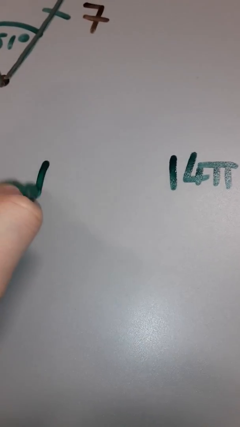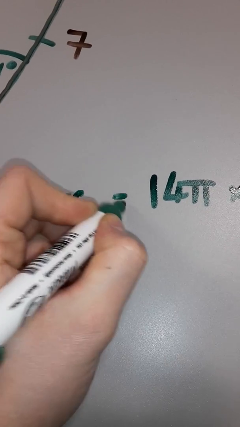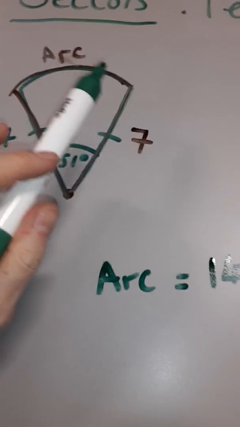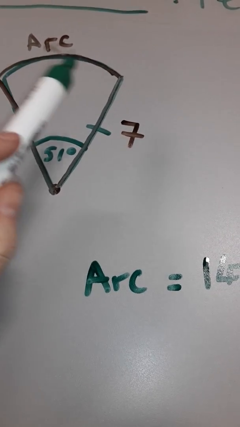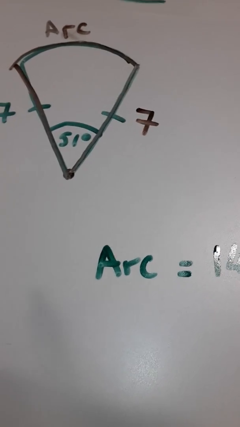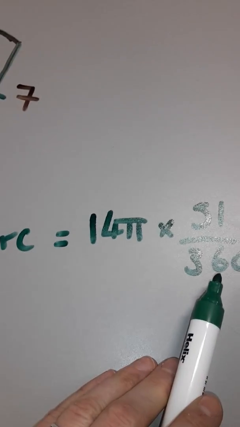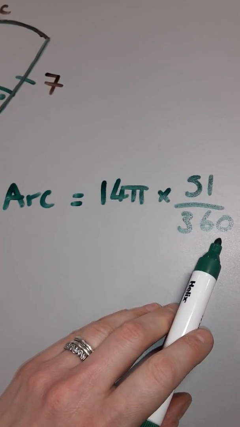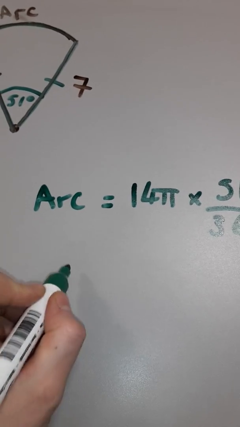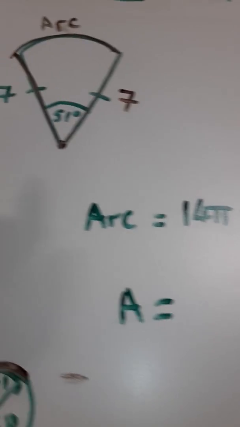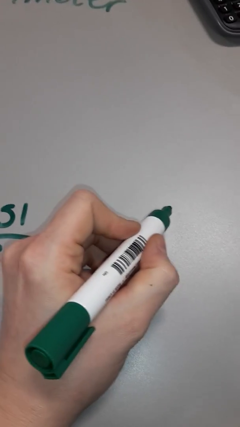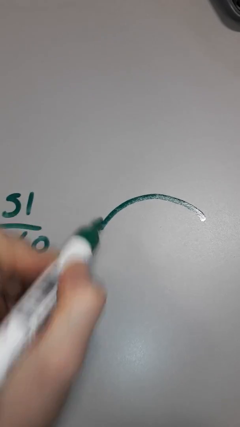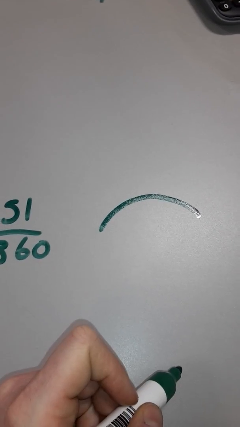And I'm going to label that arc so the examiner understands that I know what the section of the outside of a circle is called if it's not a full circle, and also it helps me keep track of my workings. Once I've got my arc, I need to add on my 2 radii, because at the moment I've only just calculated the curve of the shape.